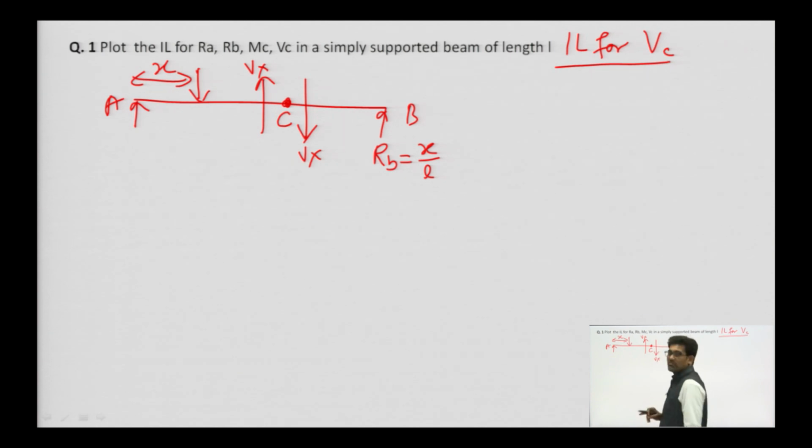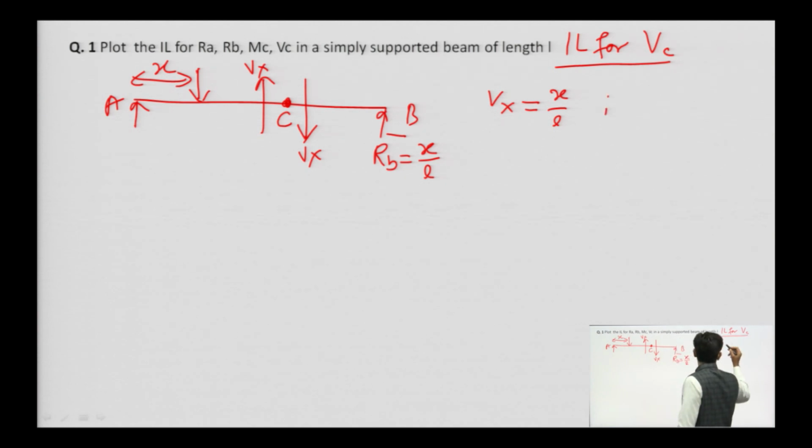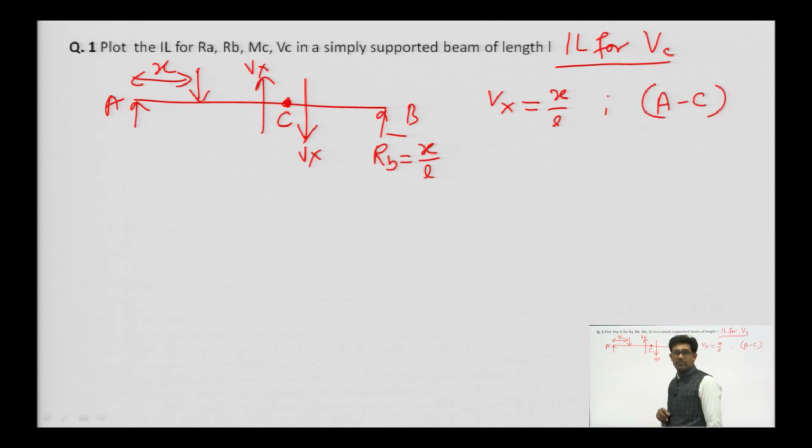We are considering this one direction of the shear force. So, Vx is exactly x by L, if we are considering this one part only. This equation is applicable when the point load is between A and C, in the AC segment. So, this is the shear force.